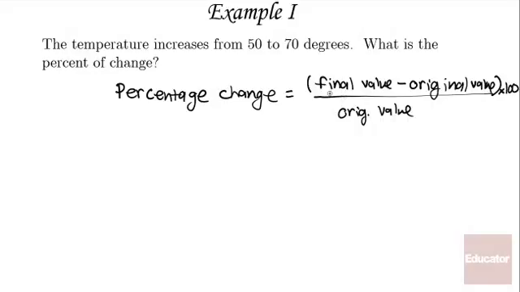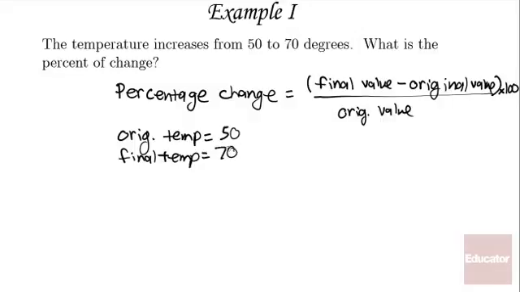Let's apply it to this example. So the temperature increases from 50 to 70 degrees. That means that the original temperature was 50 degrees. The final temperature, or the final value, is 70 degrees. And once you have that worked out, all you have to do is use the percentage change formula.